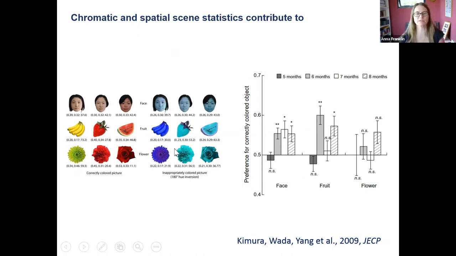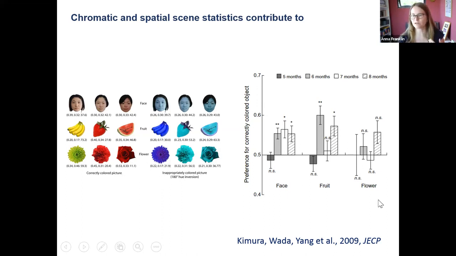So, for example, infants saw yellow bananas paired with blue bananas. And then they just recorded how long infants looked at those stimuli. And what they found was that at 5 months, infants didn't look longer at the correctly coloured objects, but by 6 months and on, they started having this preference for the correctly coloured object when it was a face or fruit, but not when it was a flower.